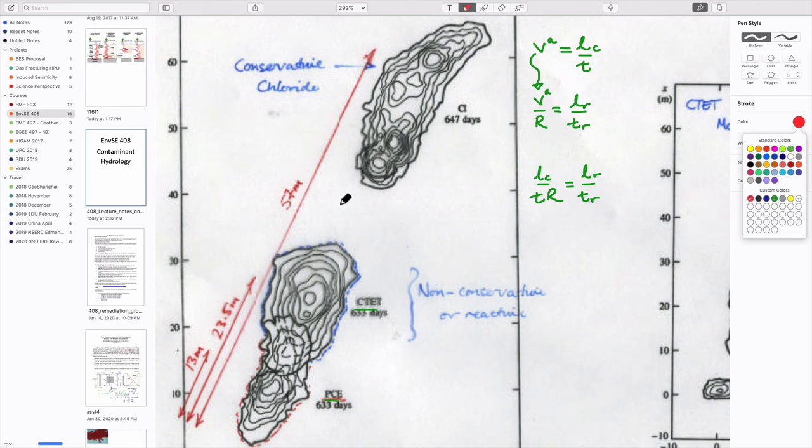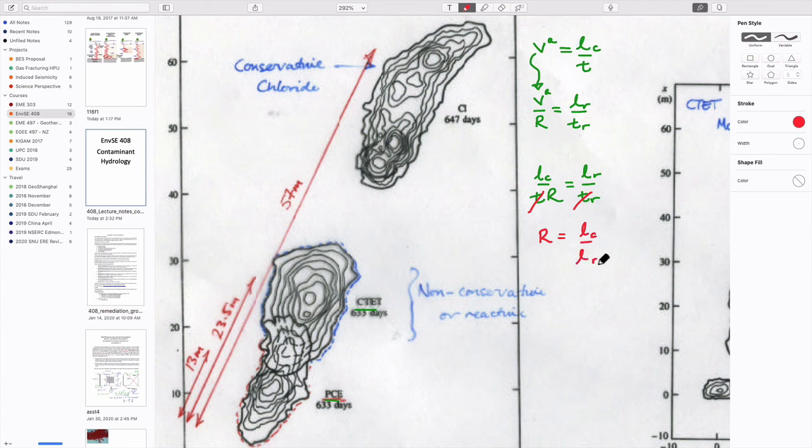And if we look at this snapshot at the two same times, so these cross out, and if we just rewrite that, then hopefully this is right, the retardation coefficient is going to be equal to the length traveled by the conservative plume divided by the length traveled by the non-conservative plume.